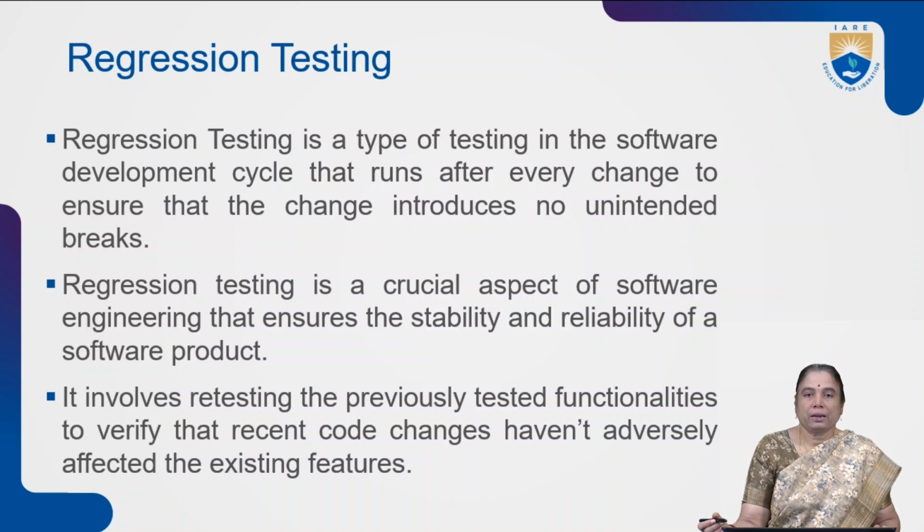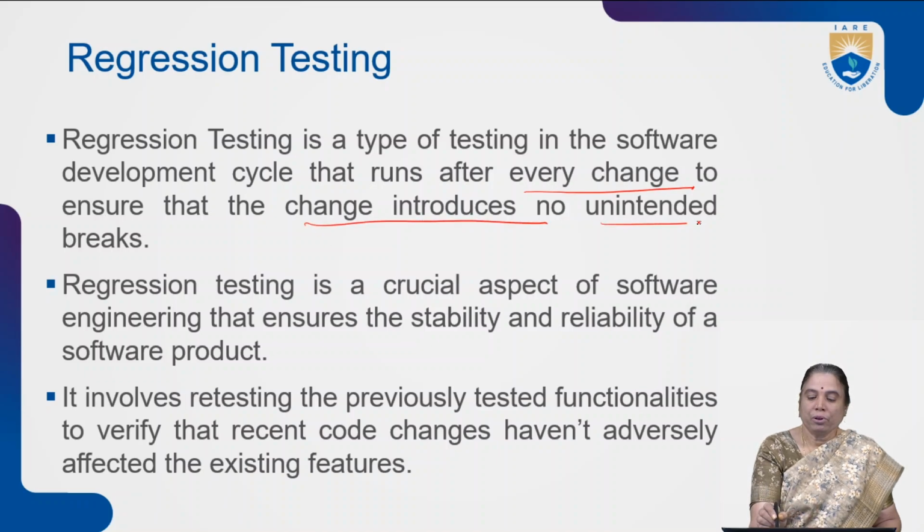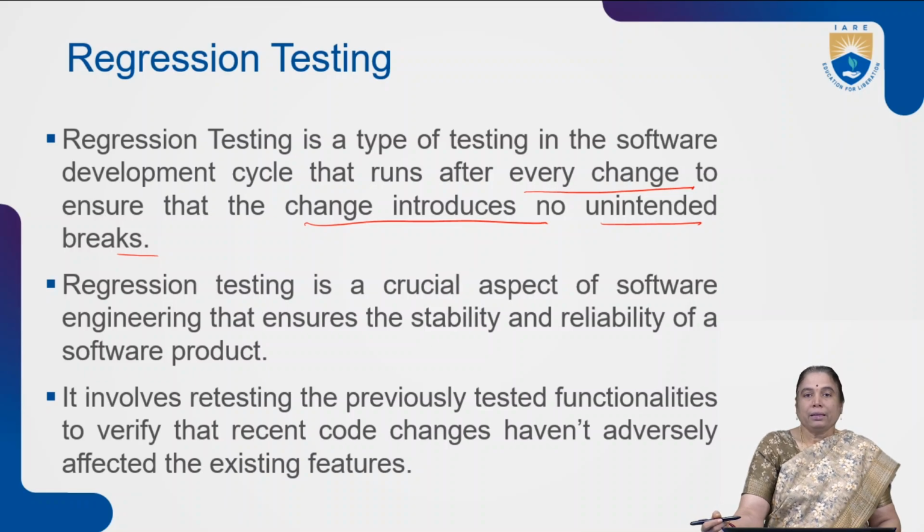Regression testing is the type of testing in the software development life cycle that runs after every change to ensure that the change does not introduce unintended breaks. So, if any change is performed, any unwanted side effects in the application can be verified with the help of regression testing.